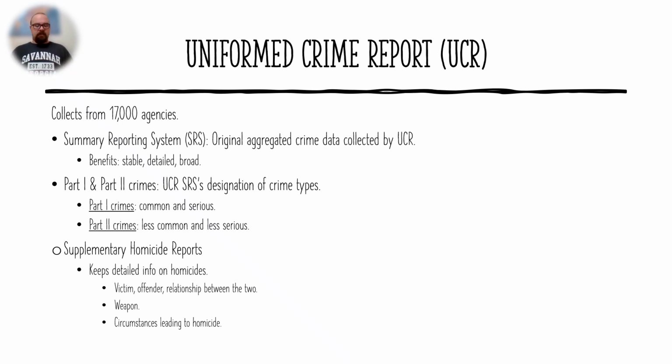Another limitation is that official crime data better reflected law enforcement activity than it did actual changes in crime. Because law enforcement is the one reporting their data to the feds, the data we see there is only showing us law enforcement's activity. It's not really showing us the changes in crime.